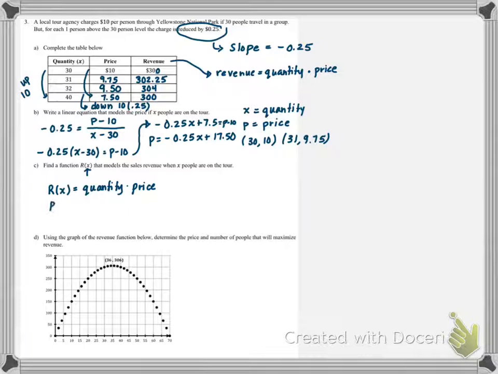I said up here that quantity is X, and that price is P, but then I run into an issue because I have two variables on the right side and I only want one. You can't have two variables.